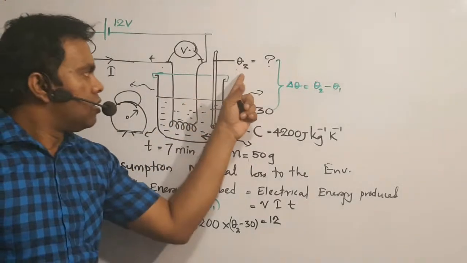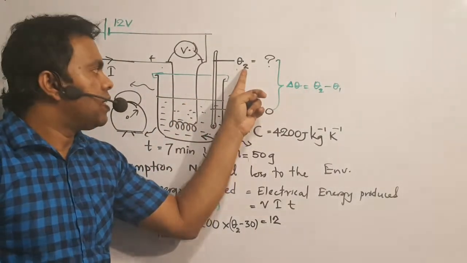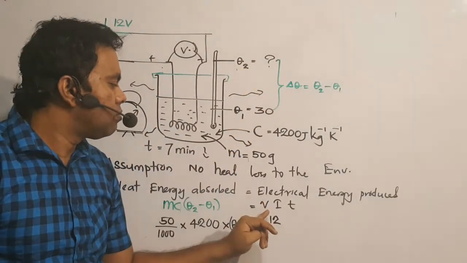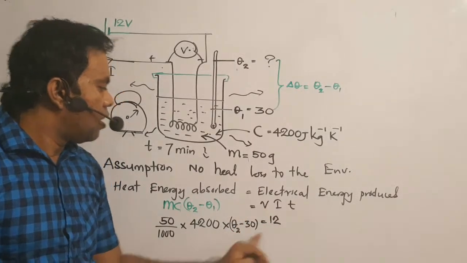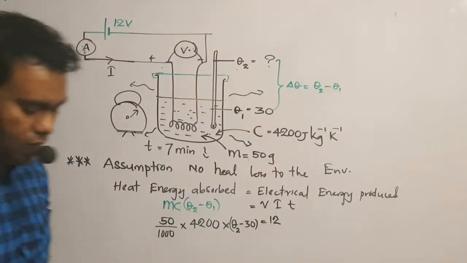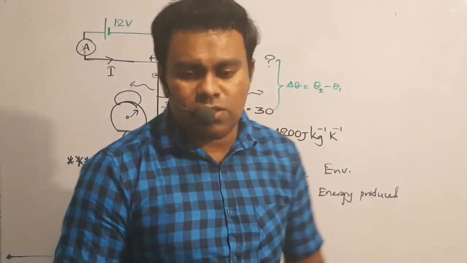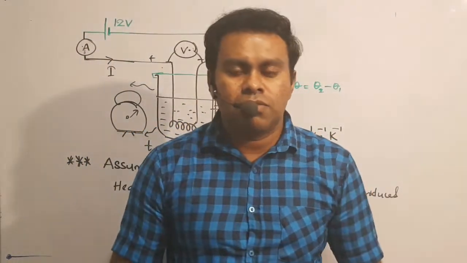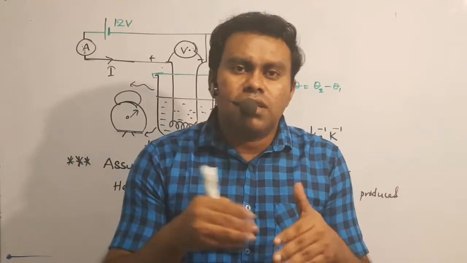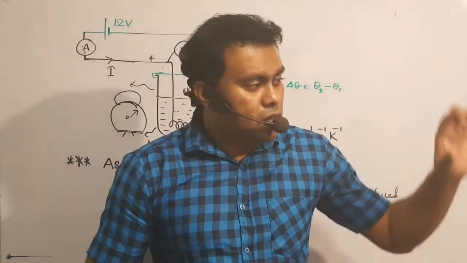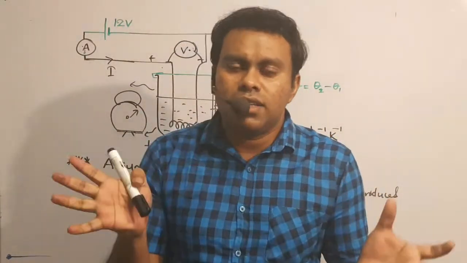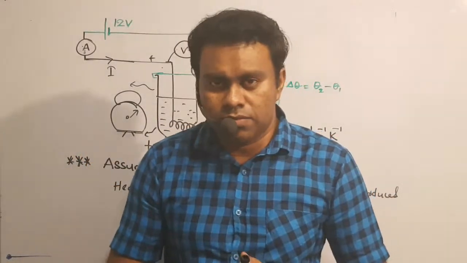If you are finding the final temperature theta, all other variables must be given. You know, a simple equation. So whatever the variable is to be calculated, all other variables must be given.